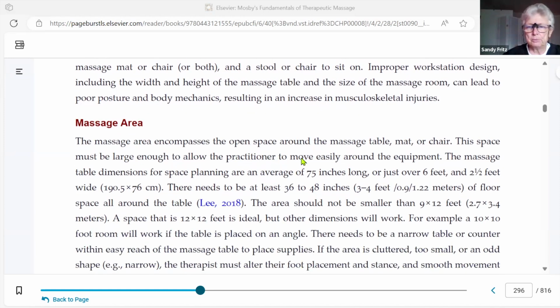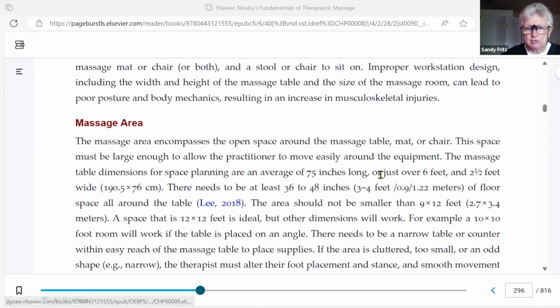And you don't want the room too small. You want to make sure that you've got enough space to easily move around the table without having to scrunch your body up and not be able to efficiently move from one place to the other.